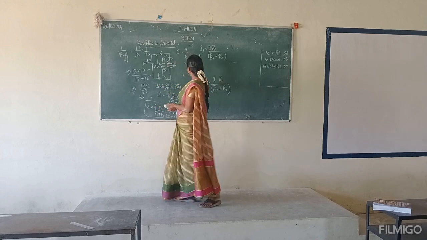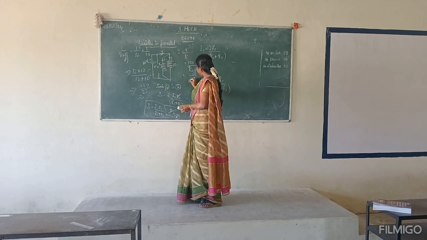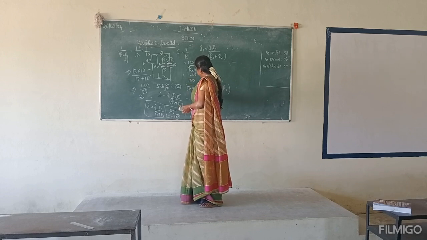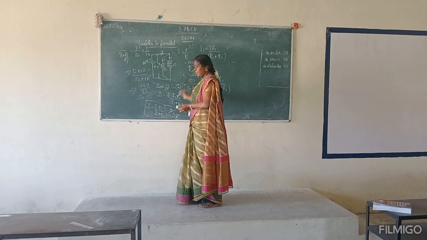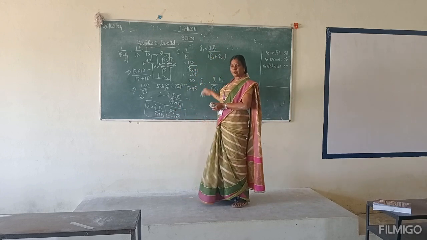The total current is I equal to 100 divided by 5.45. Now you will get the total current. Now you substitute the current here and find out the current.